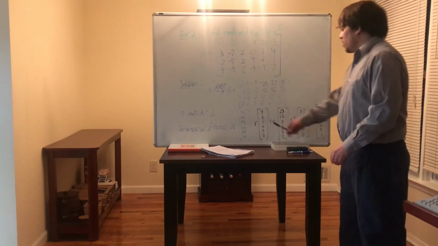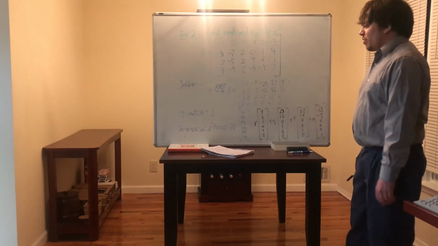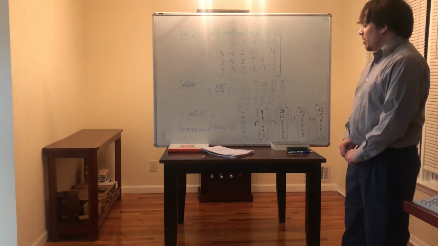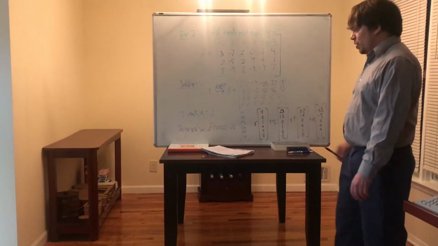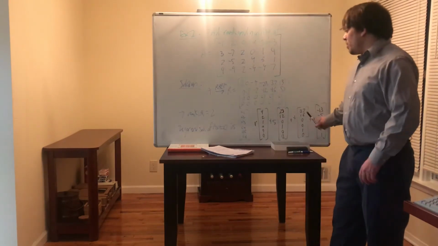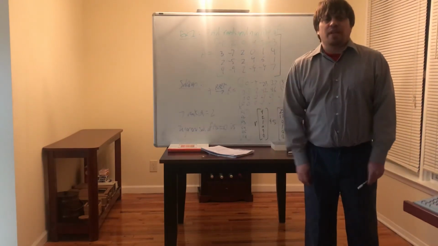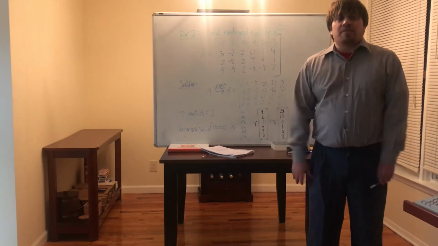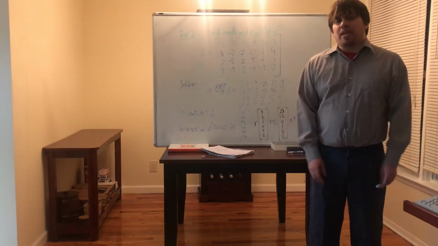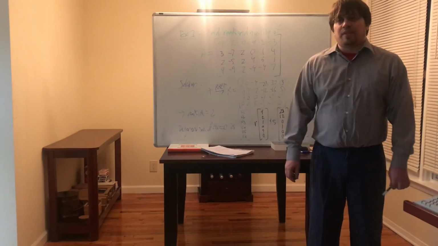These 4 vectors form a basis for the solution space of AX equals 0. Finding a basis for the solution space of AX equals 0 is finding a basis for the null space of the matrix A. Counting the number of vectors in your basis gives the dimension of that vector space.